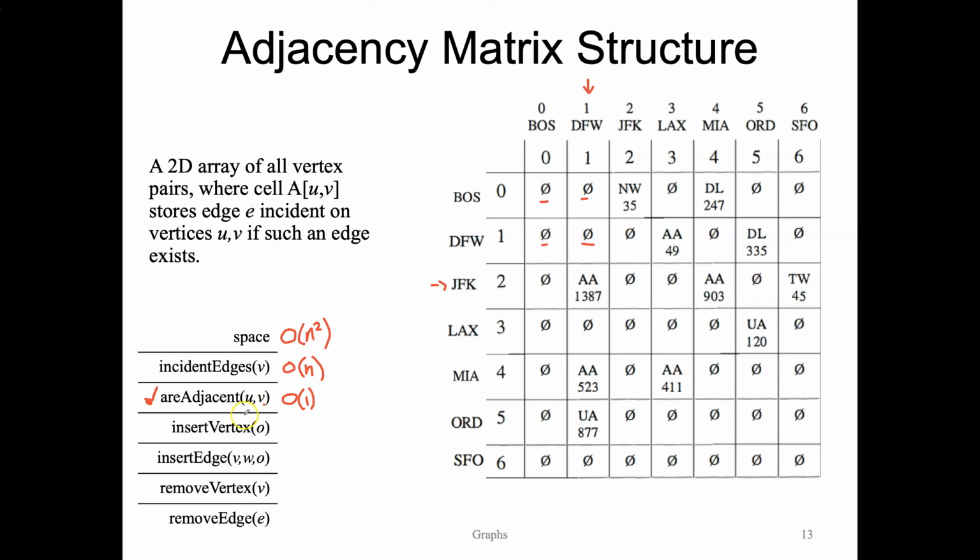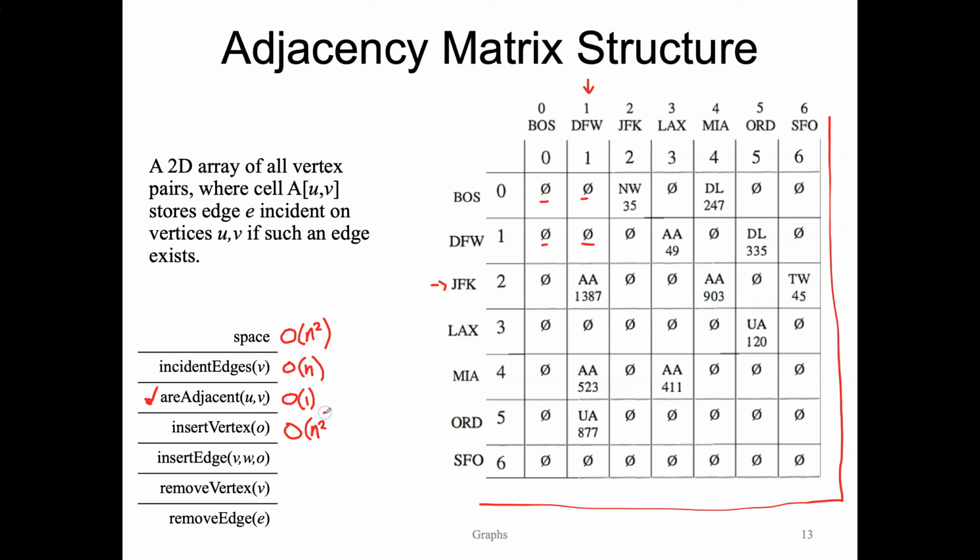And if we want to insert a vertex or even remove a vertex, because we're maintaining this large structure, just to straightforwardly insert a vertex, this would mean we would have to create another row of this fixed size two-dimensional array, which means we would have to then create a new matrix of one larger size row and one extra column, copy all of the n squared elements we had from our old structure into the new larger one, which means this would take n squared time.